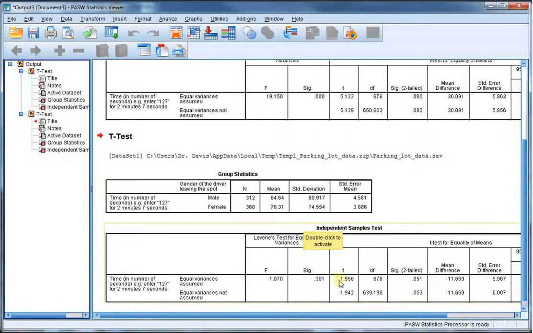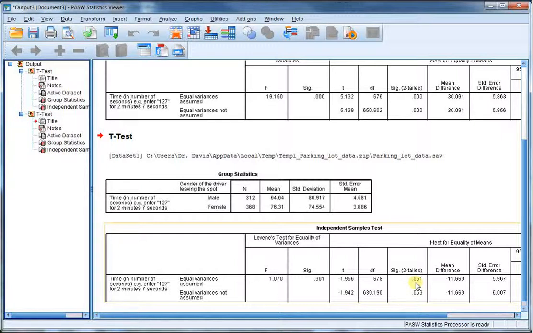When we look down here at the significance, T, degrees of freedom, significance, our P is equal to 0.051, right? So our cutoff for statistical significance is 0.050. Technically speaking, this is not statistically significant because 0.051 is greater than 0.050.